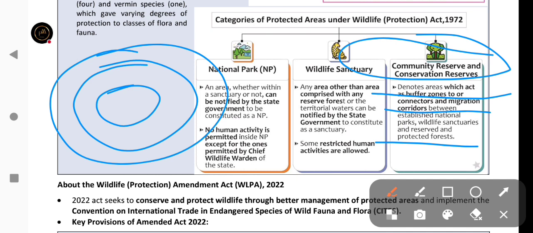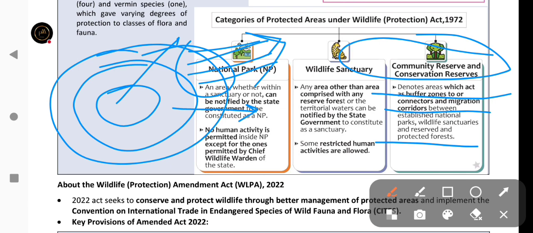Under this, a community reserve can be designated by the government. Even agricultural activities can be carried out by the tribals as well as local communities. The community reserves and conservation reserves are buffer zones. Such as, this is a core zone, this is a buffer zone, and communities can be declared here.